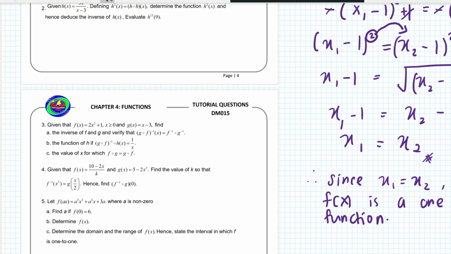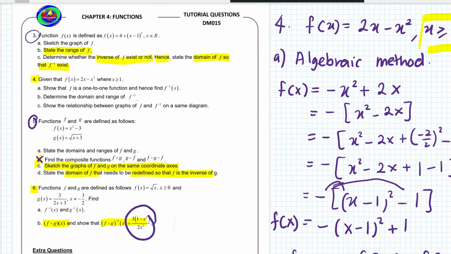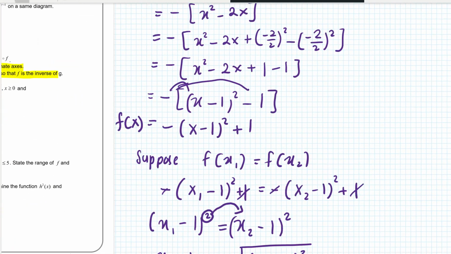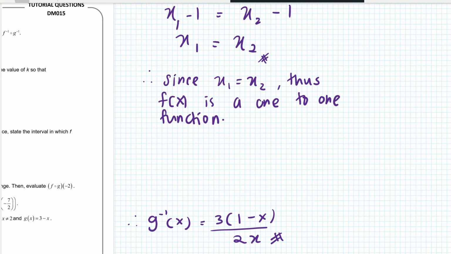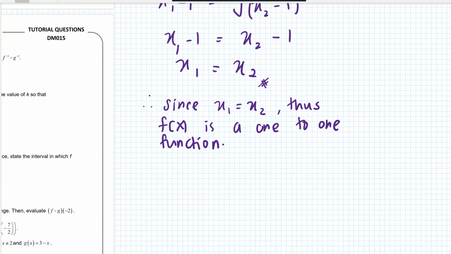Now we go to the next question. Hence find the f inverse. We want to find f inverse. By using a property, we have f(f inverse(x)) must equal x.